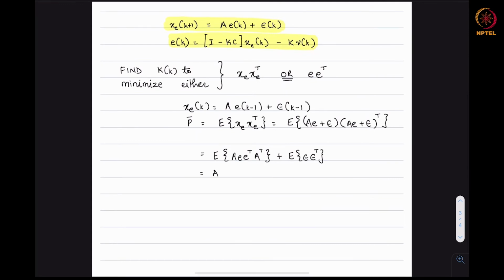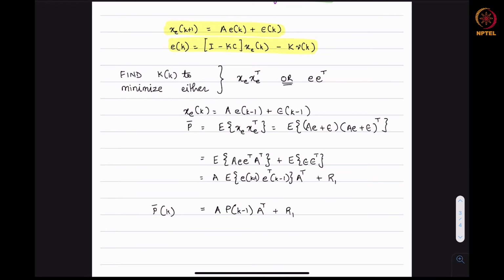This we can write as A times the expectation of E K minus 1 E transpose K minus 1 times A transpose, sorry, I forgot A transpose over here, plus the expectation of epsilon epsilon transpose, which is nothing but R1. So I can write P bar K as equal to A P K minus 1 A transpose plus R1.